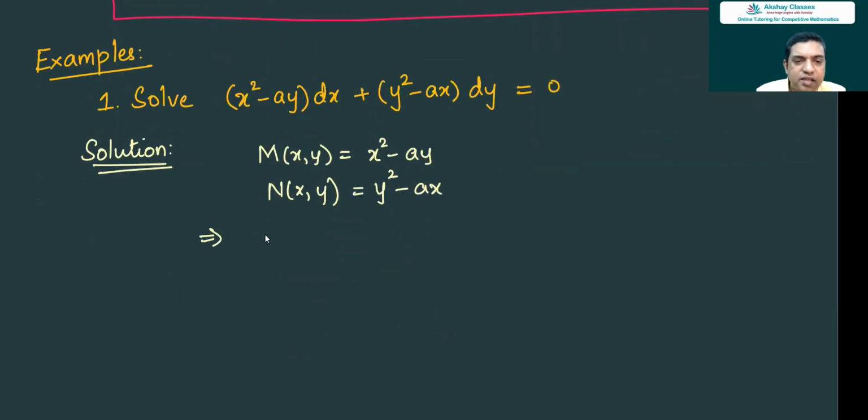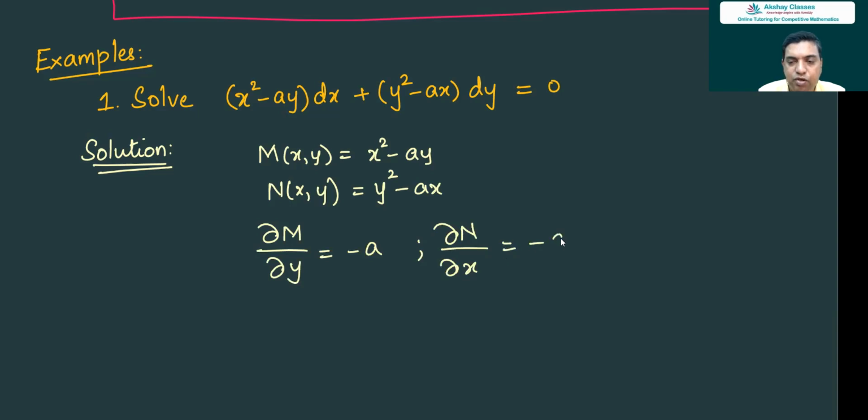This implies ∂M/∂y is equal to −a, and ∂N/∂x is equal to −a.